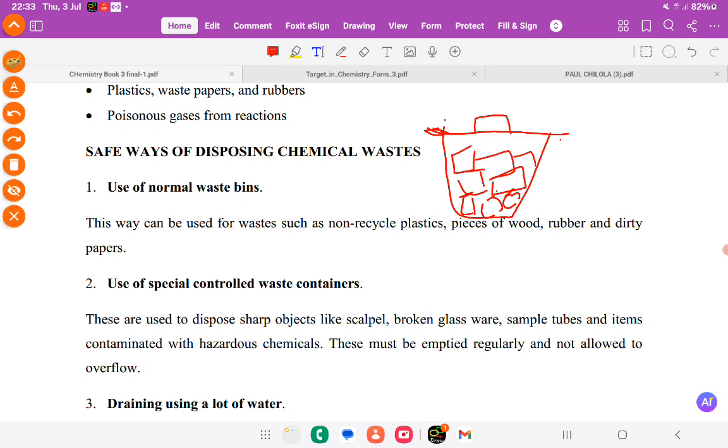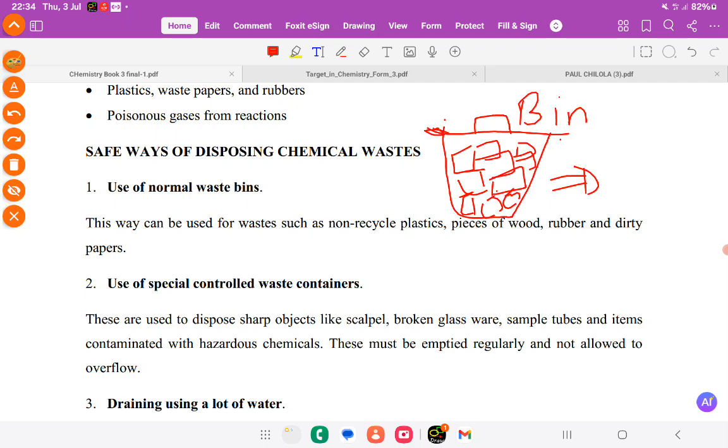So once the bin gets filled up, then you can take it to a place where it is either burnt or incinerated or buried. So this is a waste bin, which is strategically placed in your lab, maybe at the corner of your laboratory room, or sometimes just immediately outside the laboratory. There's a bin where wastes are thrown into.